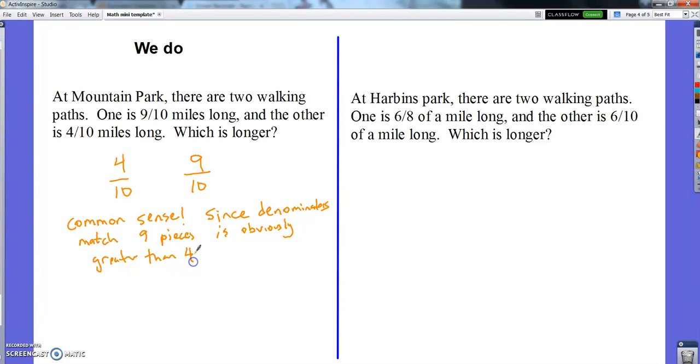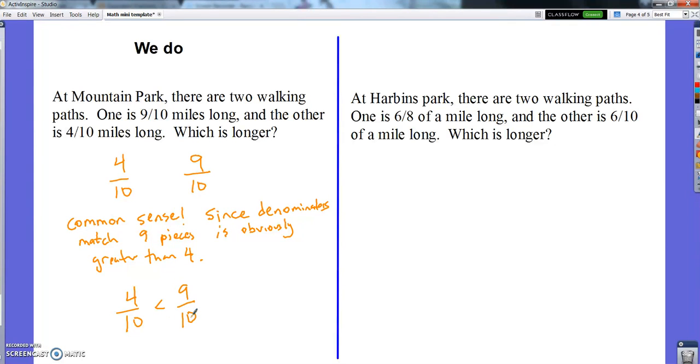You could write this or you could even just think this. But it's obvious to me that since the denominators match, 9 out of 10 is obviously more than 4 out of 10. And so your strategy can just be like, duh, common sense.